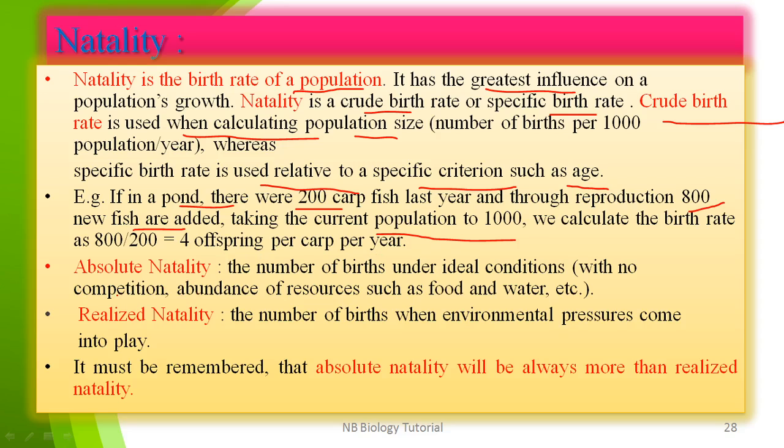Natality has two types: absolute natality and realized natality. Absolute natality means the number of births under ideal conditions, when there is no competition and an abundance of resources such as food and water. Realized natality means the number of births when environmental pressure comes into play. Remember that absolute natality will always be more than realized natality.